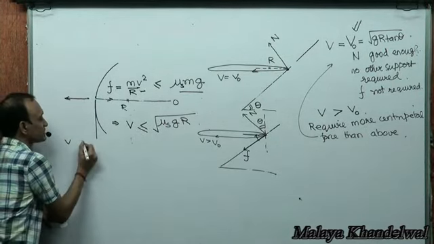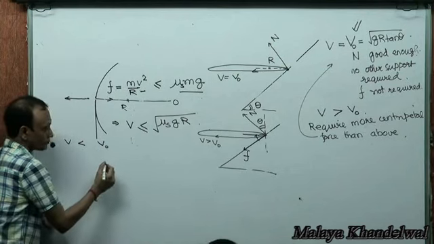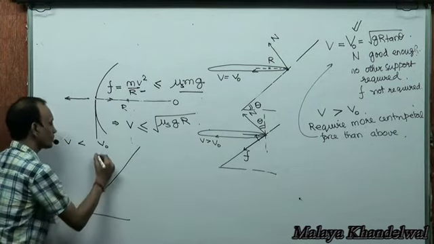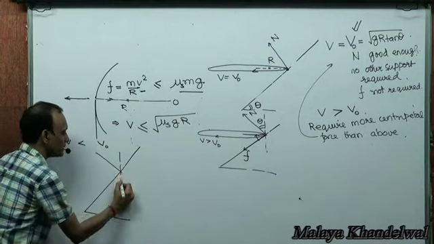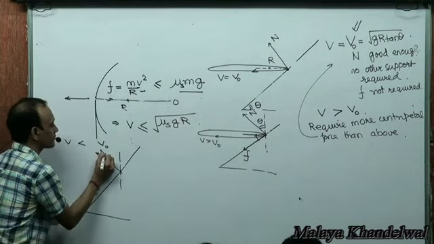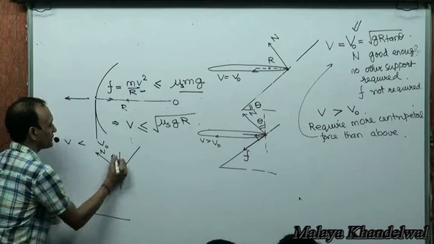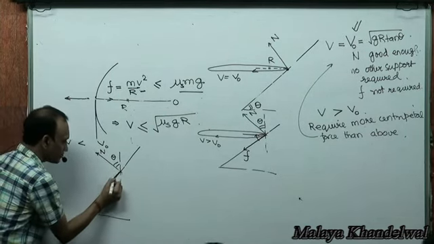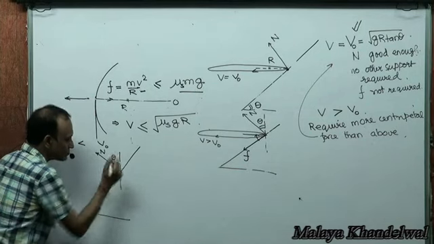If V is less than V naught, this is N, making an angle theta with the vertical. This is theta. This is friction. Okay, friction I do not know.